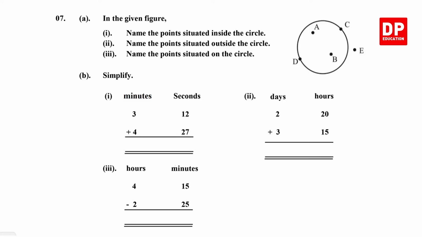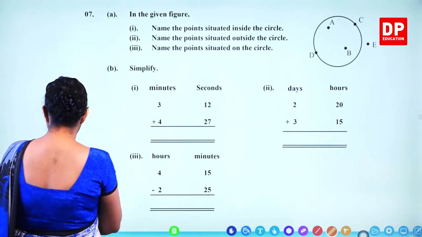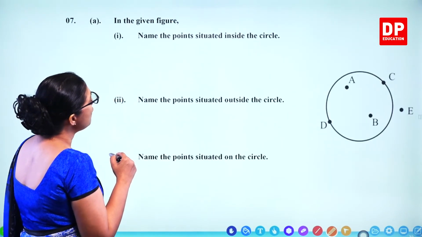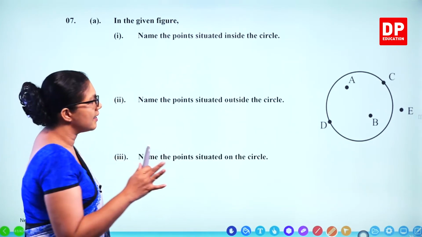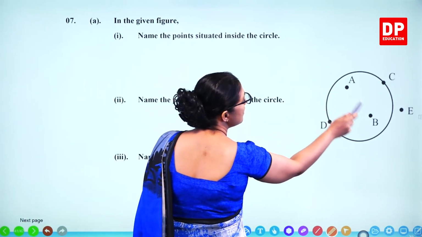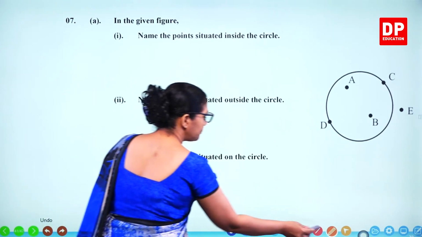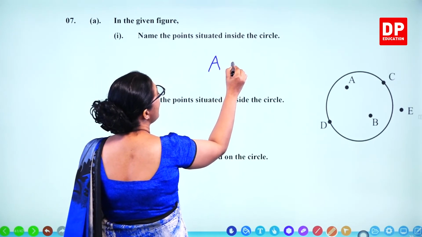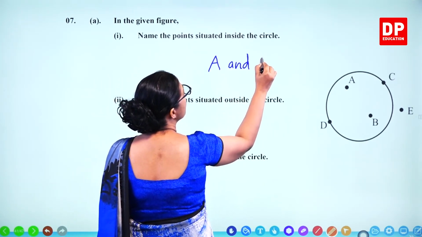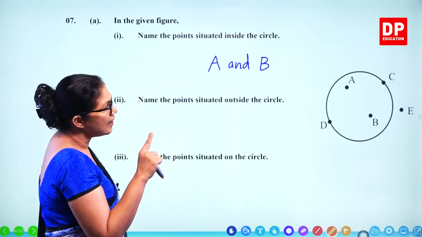Question number 7, that's your last question in this paper. So you get 2 parts. Let's do that. In the given figure, name the points situated inside the circle. Inside the circle, we can see points A and B. Name the points situated outside the circle.